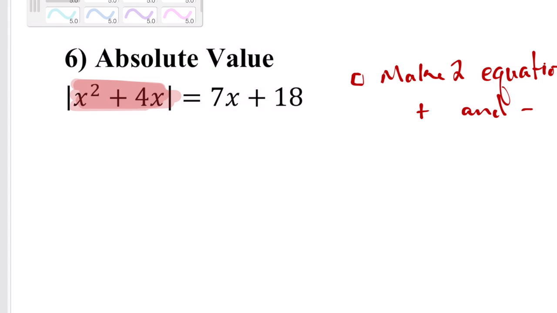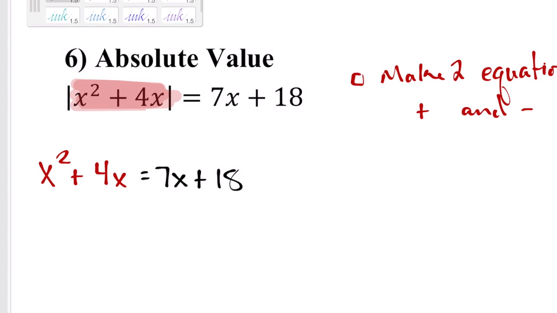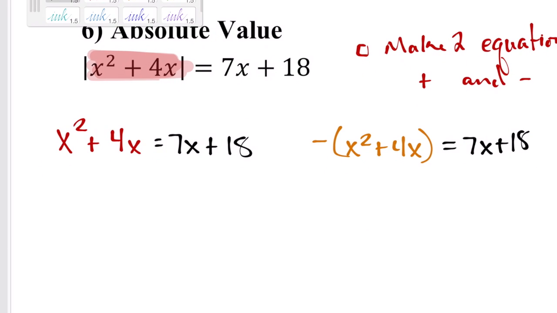We know absolute value makes things positive. It's talking about distance, and we always have a positive distance. So the stuff inside could be a positive value, or it could be negative. And so we're going to make one of each of those equations in order to satisfy those possibilities.